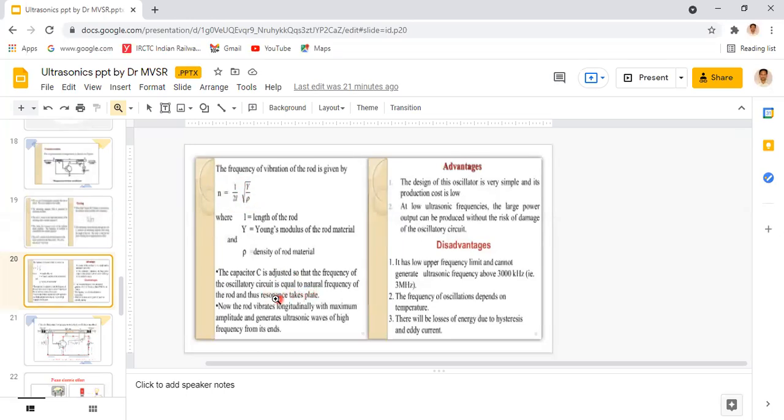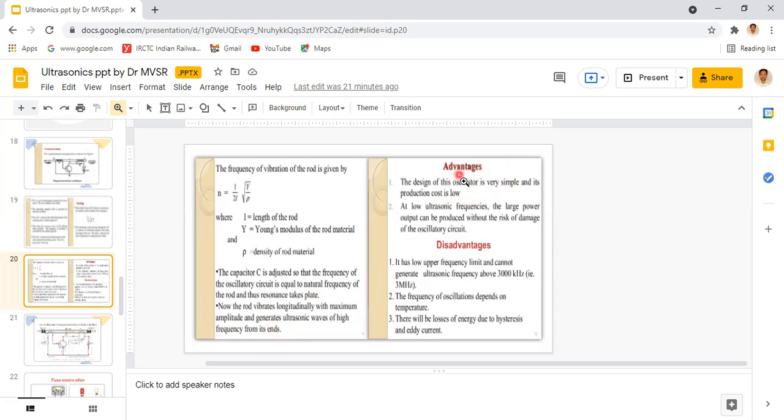Because of the resonance phenomenon, the end faces of the rod will produce ultrasonic waves. Now the rod vibrates longitudinally with maximum amplitude and generates ultrasonic waves of high frequency from its end faces.